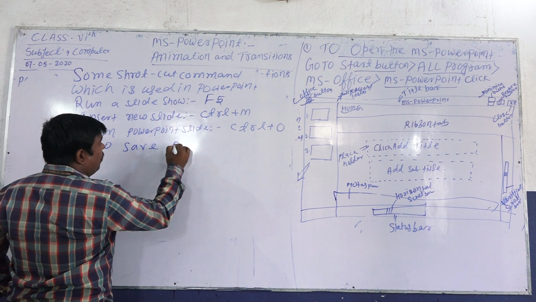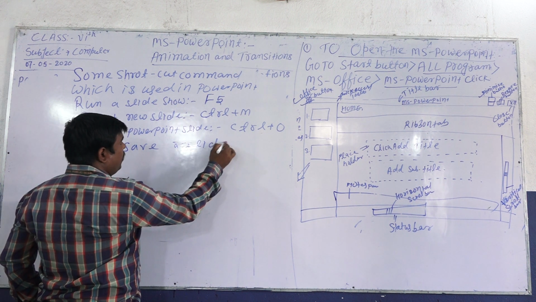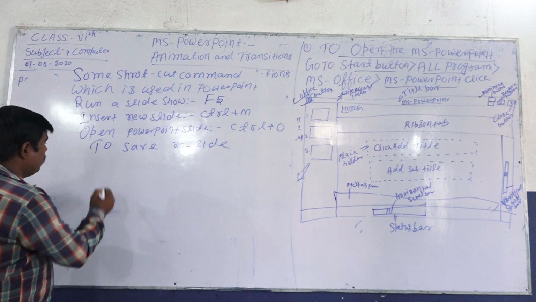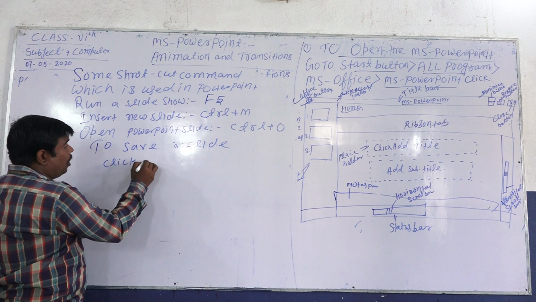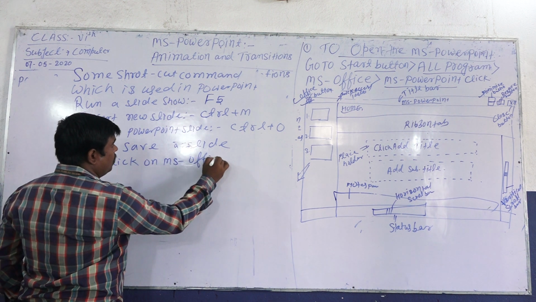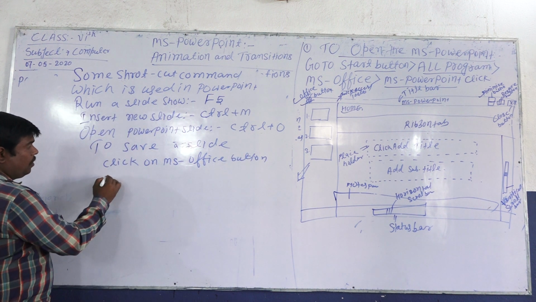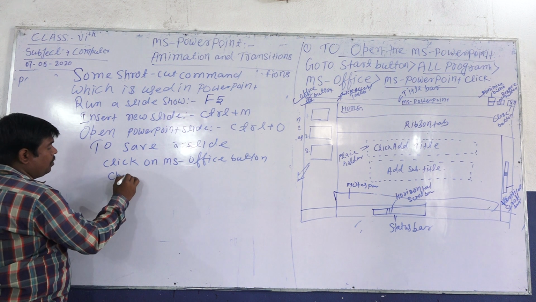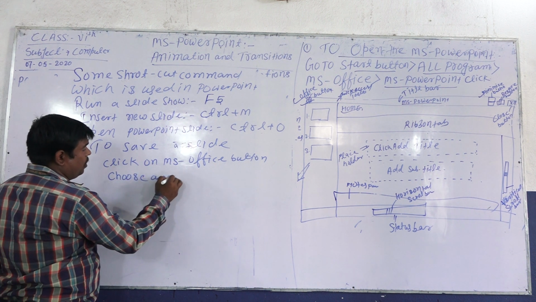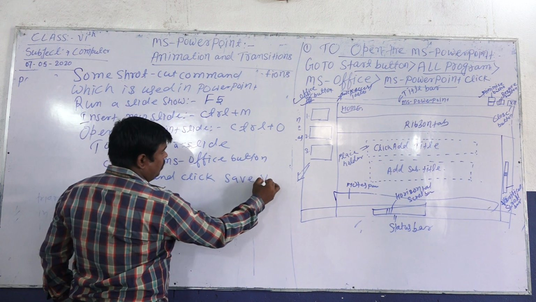Now how to save a PowerPoint slide. Click on the MS Office button, choose and click the save option.